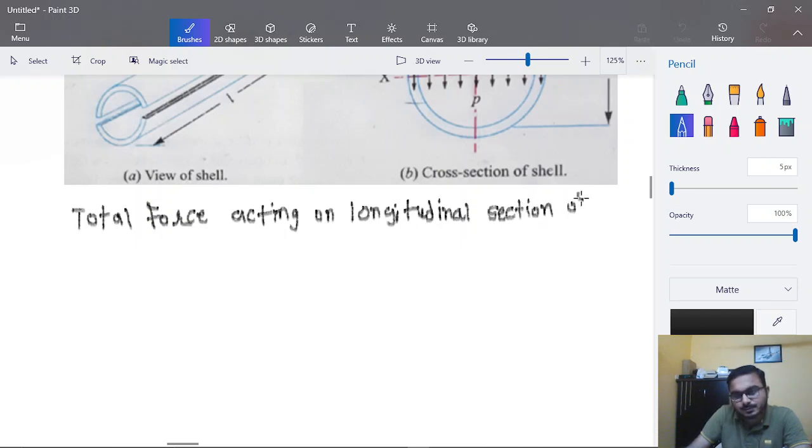Of shell. So total force is calculated using a simple formula, that is pressure into projected area.